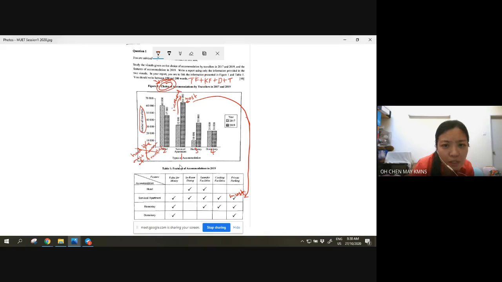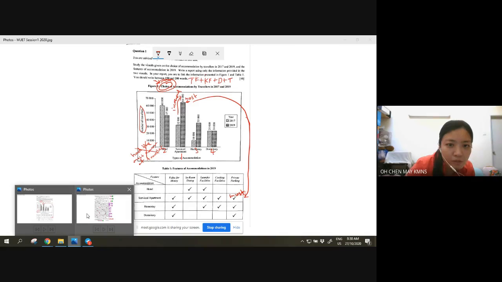So you have to follow exactly the rubric of the title. If it says choice, then you have to put the number of travelers who chose. You cannot just say hotel had this number of travelers because the hotel didn't have the travelers. It was the travelers who chose this hotel. Can you get the idea that I'm talking about here? Understand? Okay, I just want to show you all the sample you see over here.